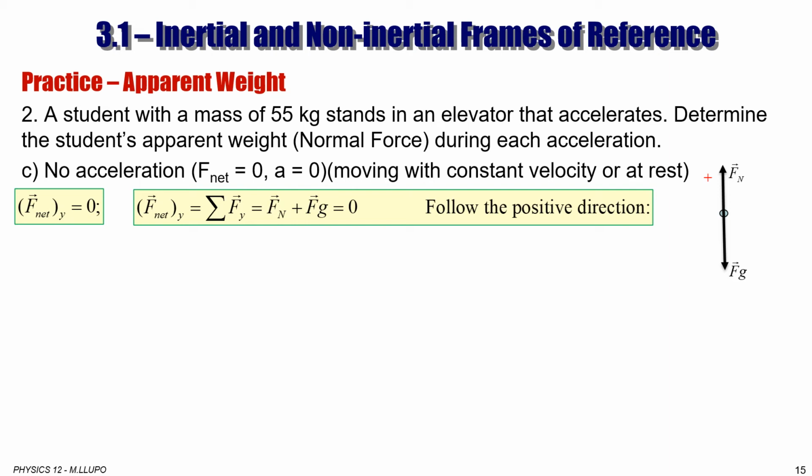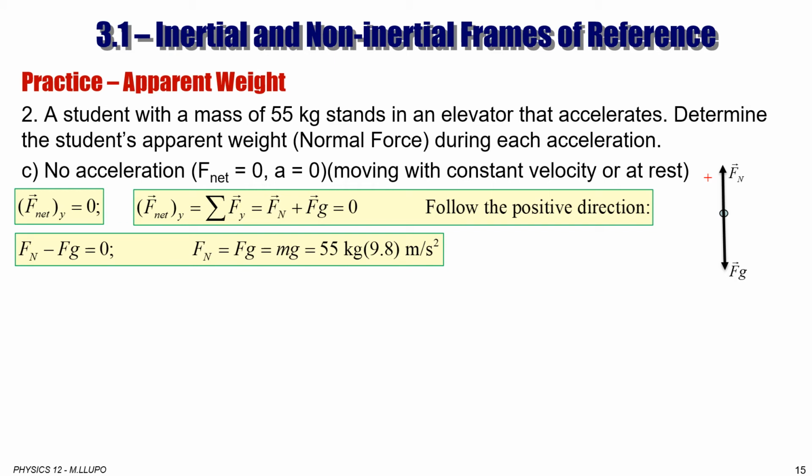And we know that Fg is equal to mg, and we have m and we have g. So we plug in those numbers and find that Fn is 539 Newtons. So that is the normal weight. That is the force of gravity without acceleration. Okay, so next one, what will happen if the student is in free fall?